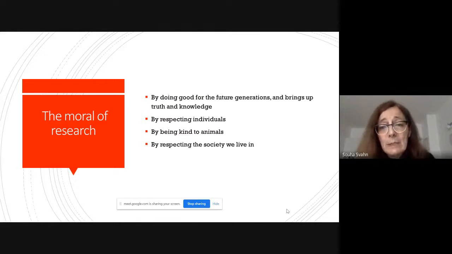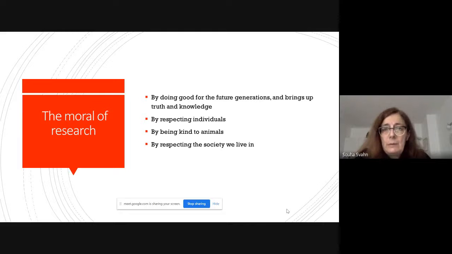And of course, we need to respect individuals. We need to be kind to animals. And we need to respect the society we live in. That's the moral of things. Respect, respect. When we talk about respect, we respect our teachers, we respect our parents, but we respect our peer people, our peer groups, our friends.